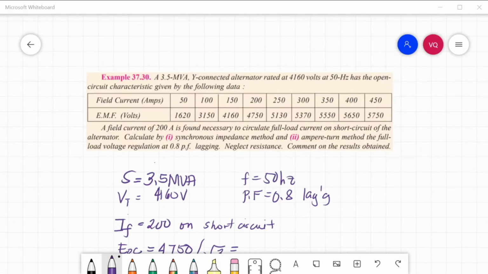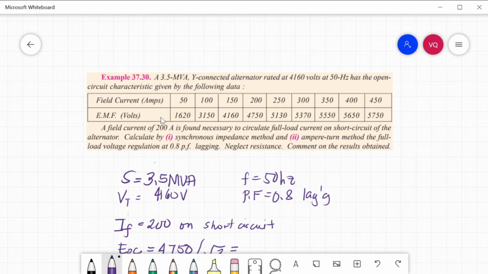Let's have an example. A 3.5 MVA Y-connected alternator rated at 4,160 volts at 50 Hz has the open circuit characteristic given by the following data.